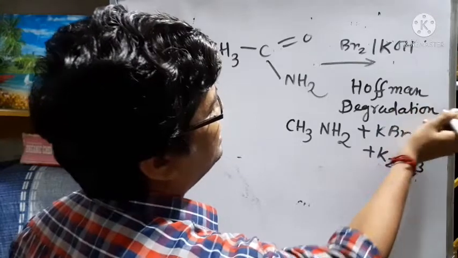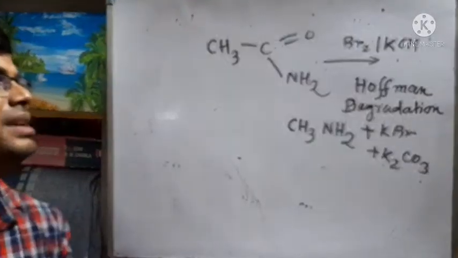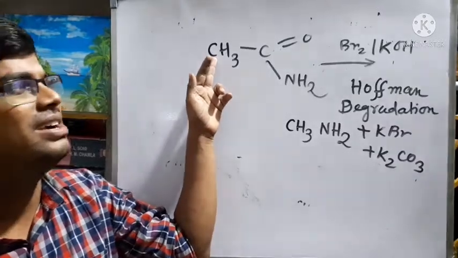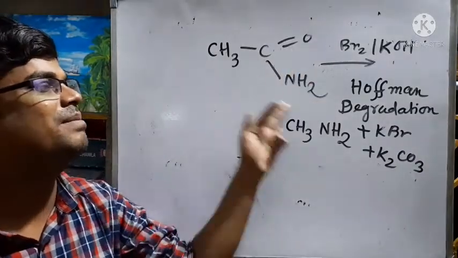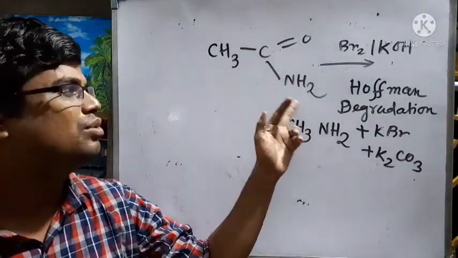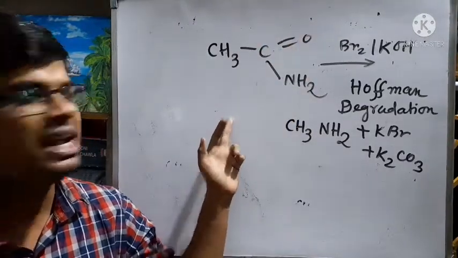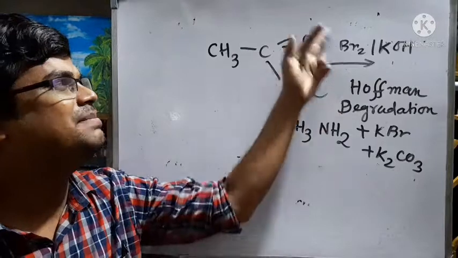So instead of replacement of the alpha hydrogen, it suffers from a rearrangement reaction through what kind of intermediate? Through an isocyanate intermediate, through a rearrangement route.